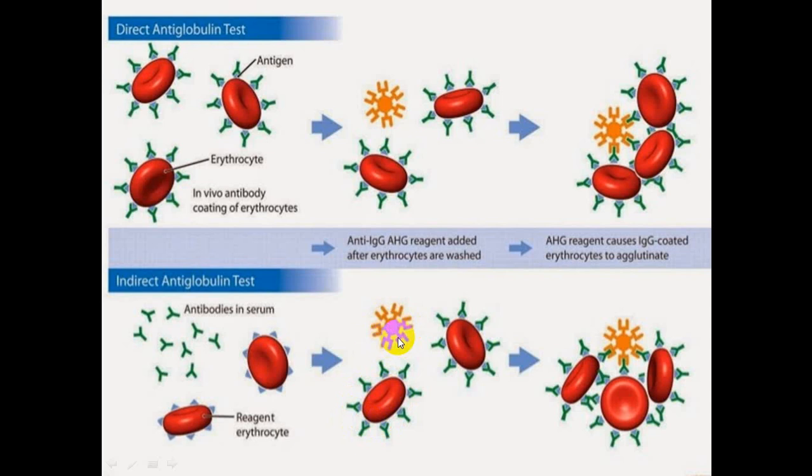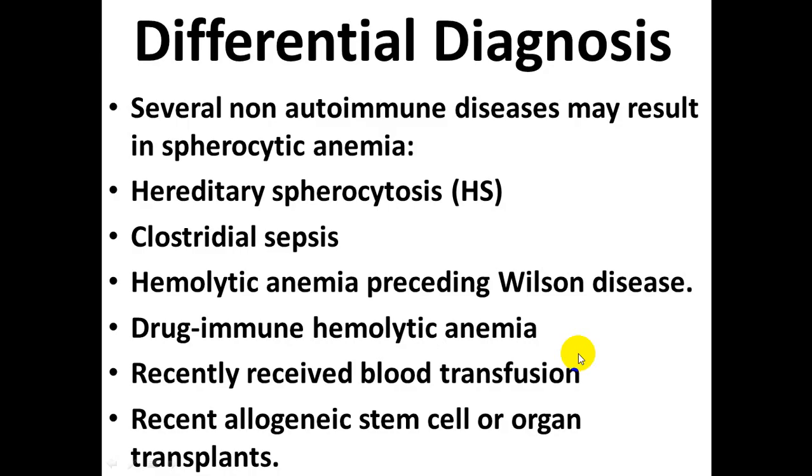We should add after that Coombs reagent. This is the direct, this is the indirect Coombs test. The next step is agglutination of coated red blood cells and anti-human antibodies, or Coombs reagent. This is the direct antiglobulin test, this is the indirect antiglobulin test.